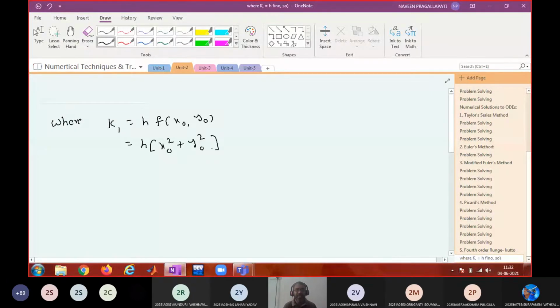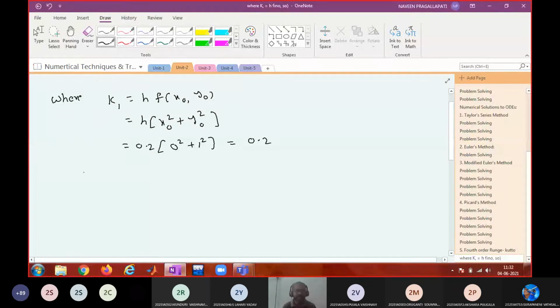The definition is f of x comma y is x square plus y square. Therefore f of x naught, y naught is x naught square plus y naught square. So h into... x naught is 0 and y naught is 1. And what is the h value? The h value we took as 0.2. So this is 0.2 into 1, which is 0.2. K1 is 0.2.